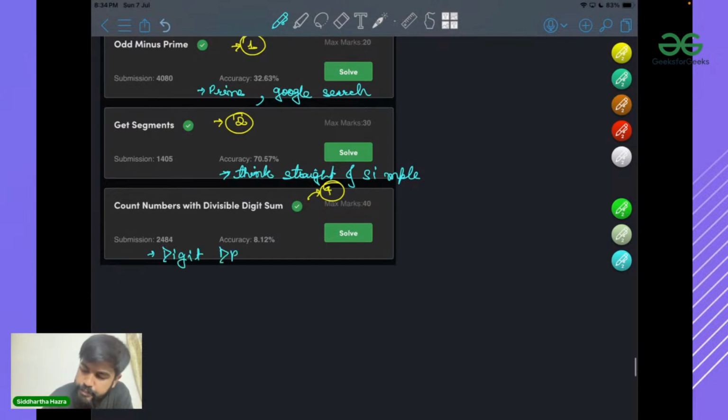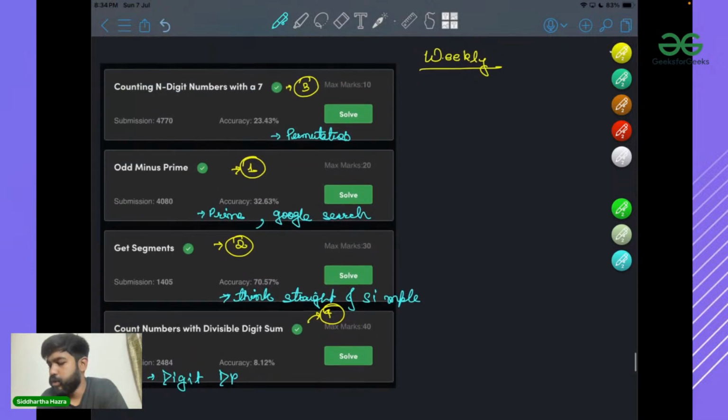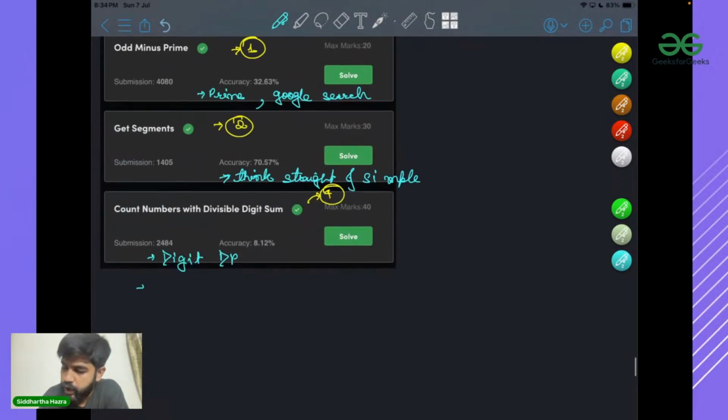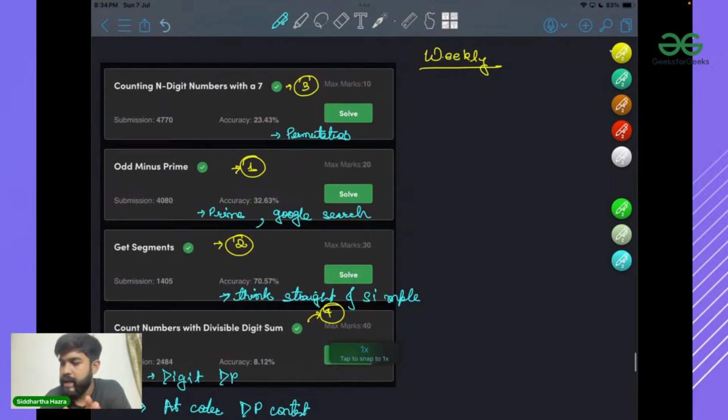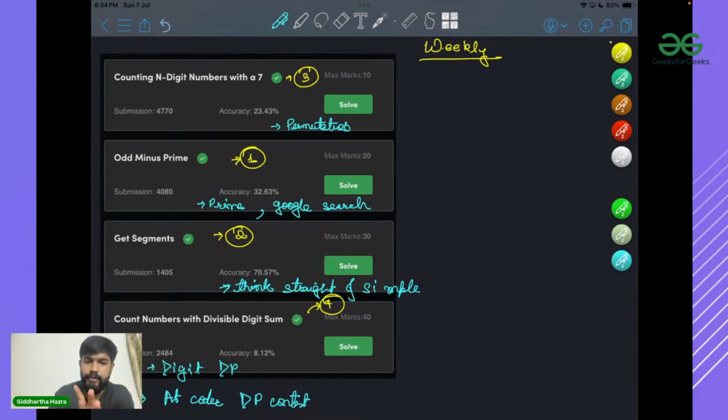A very good problem indeed, but a fundamental problem. If you have already solved problems from the AtCoder DP contest, then this problem is very akin to that, like a very inspired version of that problem.